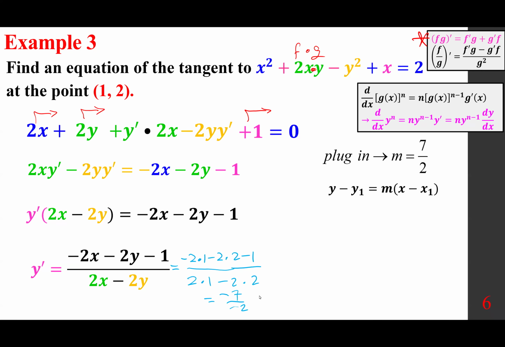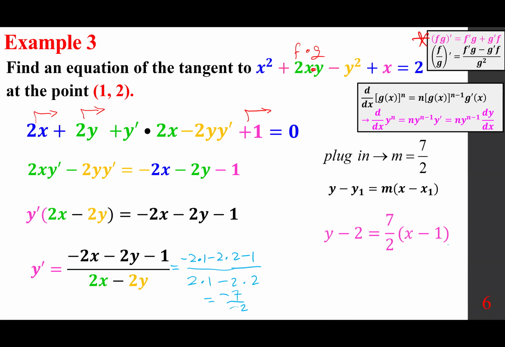minus 2 is 7 halves times x minus 1. We are going to distribute.